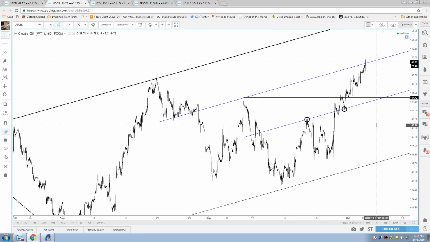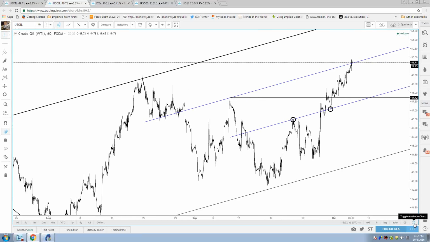Okay, and in this case, the slope level intersects a big horizontal level being a former high, 47.70, some point next week. All right, so that might be kind of the area to get long. Okay.